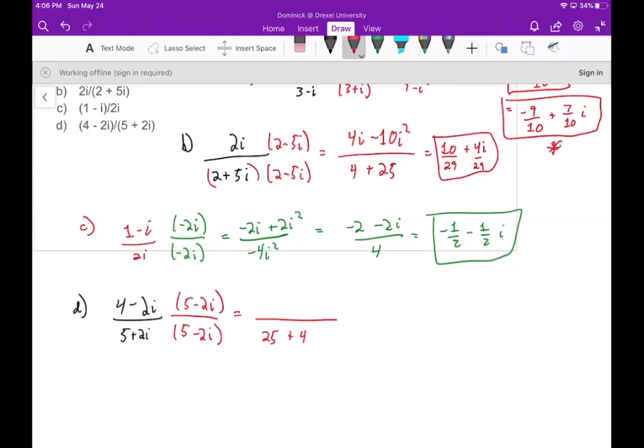Because 2i times 2i, with it being negative, will be a minus 4i squared and a plus 4. So then we'll get a 20 in the top, and then minus 8i minus 10i plus a 4i squared. So we're going to get a 16 minus an 18i, and each of them will be over 29. Okay, so that's doing some division with complex numbers.